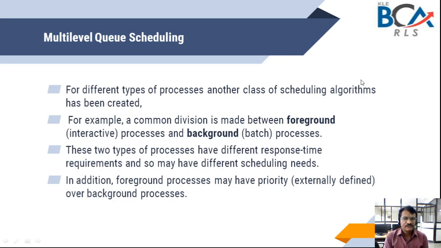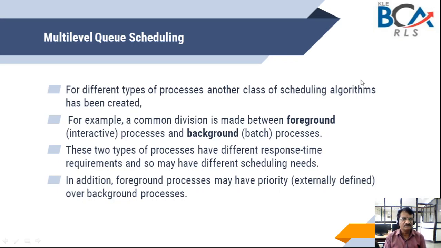When it comes to processes, we have different types of processes: those which the user is using, and a few processes which run all the time. So for that, there should be a mechanism in which both foreground and background terms are used. Both these kinds of processes need to be scheduled.